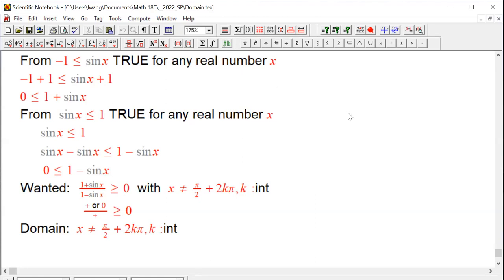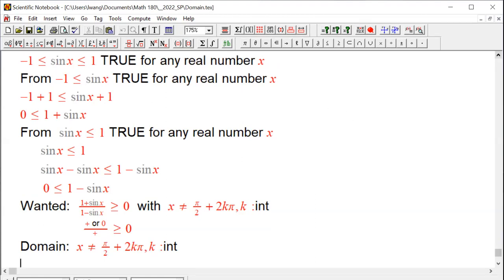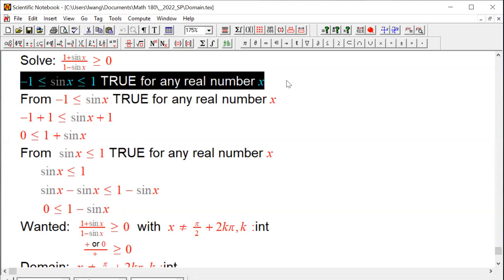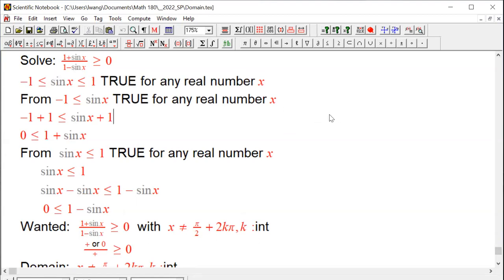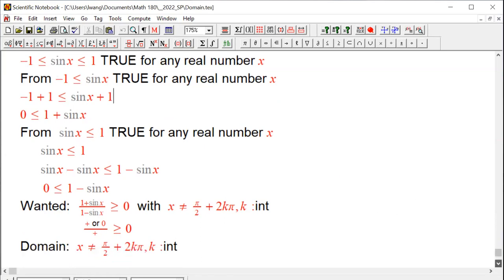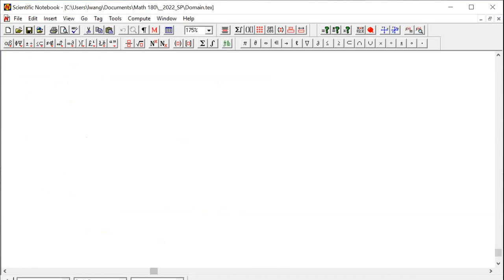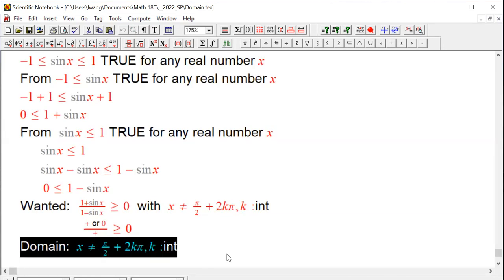You can see how useful this piece is. It is always true. So we just add a little additional condition to guarantee the denominator is not 0, and we're good. So that would be the domain.